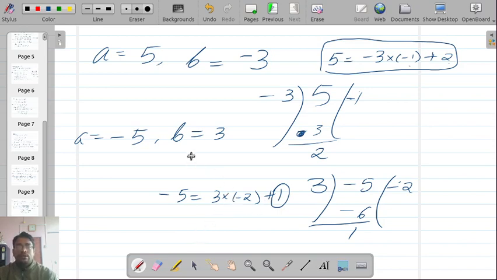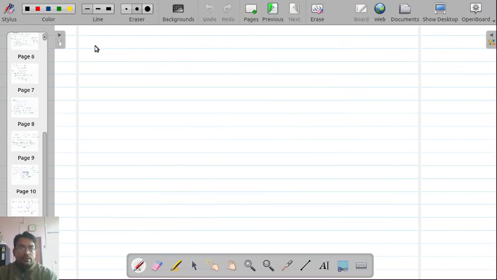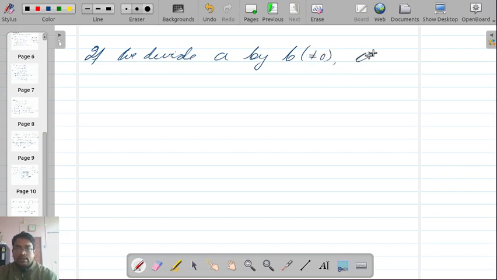The remainder should lie among 0, 1, 2. So if we divide a by b, which is non-zero, what are the only possible remainders?